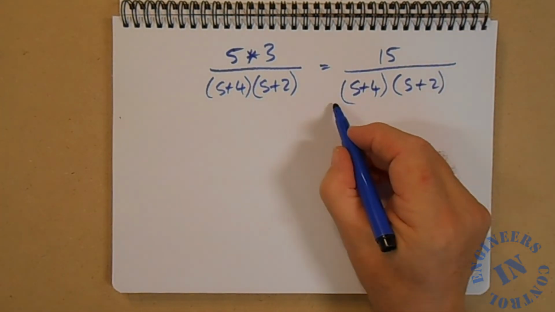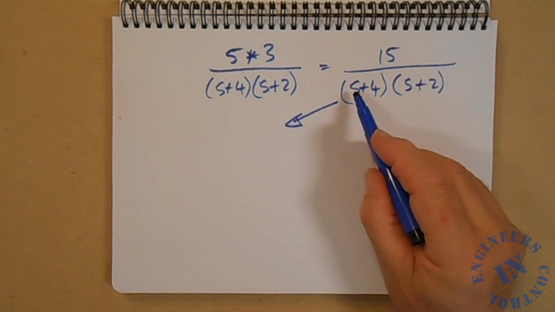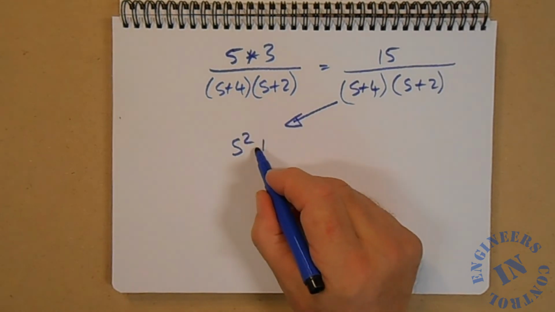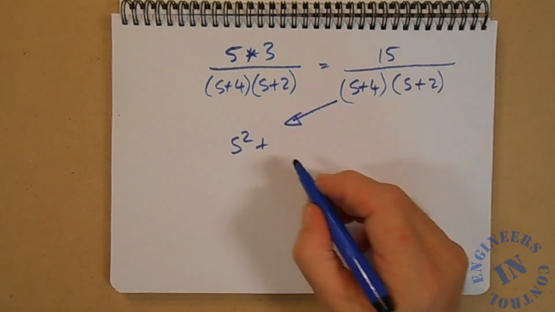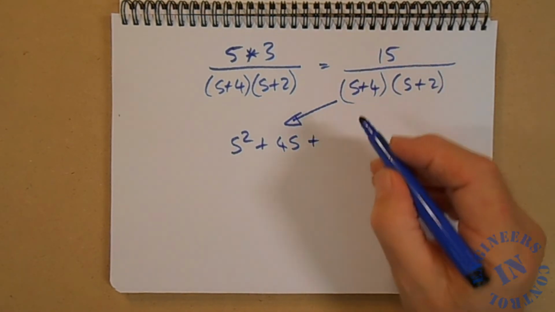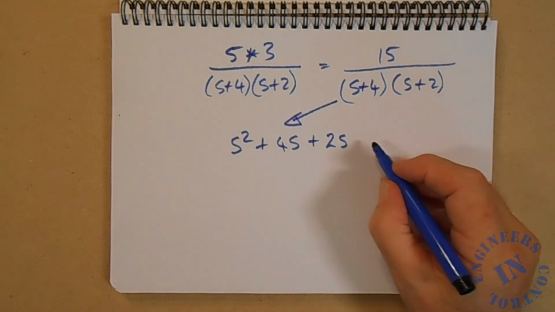Now in order to multiply that out, not too hard, so we take S multiplied by S plus the 4 multiplied by that S plus that 2 multiplied by that S and that 4 multiplied by that 2.